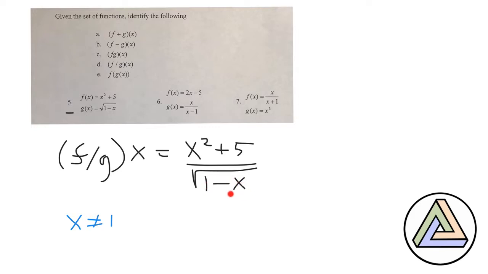But we also know that 1 minus x has to be 0 or greater, and since 1 minus x can't be 0, we know that 1 minus x has to be greater than 0. So we're going to force it temporarily to be greater than 0. And that ends up resulting in x has to be less than 1.